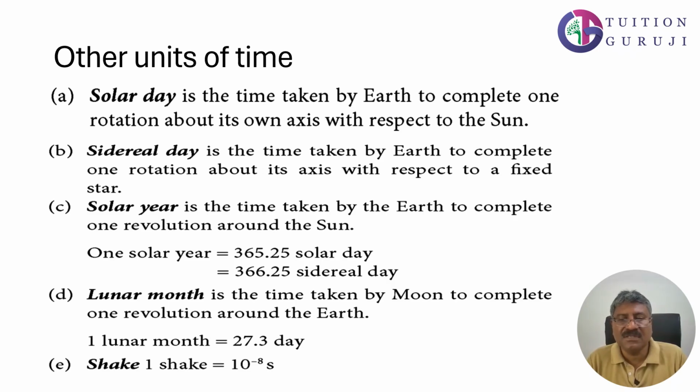One solar year is equal to 365.25 solar days, whereas a sidereal year is equal to 365.25 sidereal days. A lunar month is the time taken by the Moon to complete one revolution around the Earth. One lunar month is equal to 27.3 days. One shake is 10 raised to minus 8 seconds.